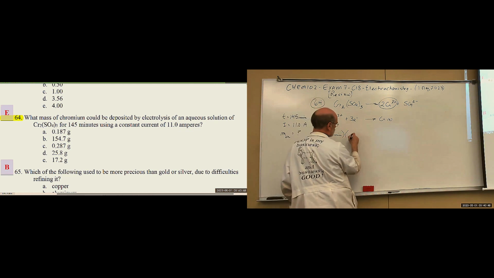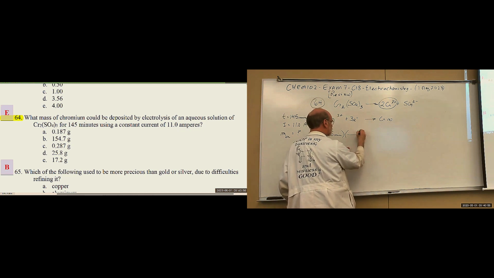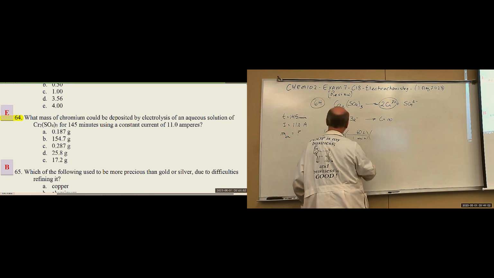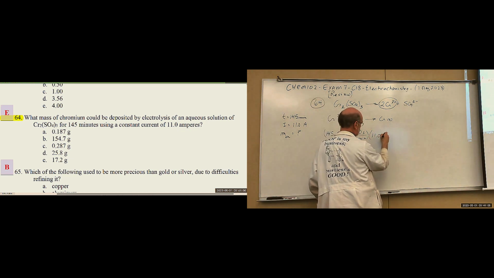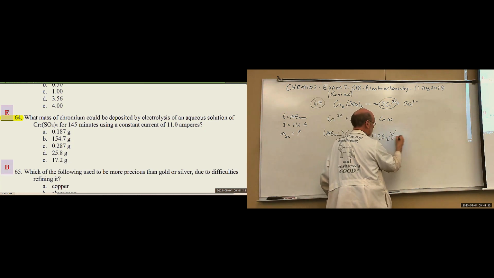Because amps is coulombs per second. 60 seconds, 1 minute. And so minutes cancel, we got seconds. Now we can take 11 amps, which is 11 coulombs per second. That cancels seconds.